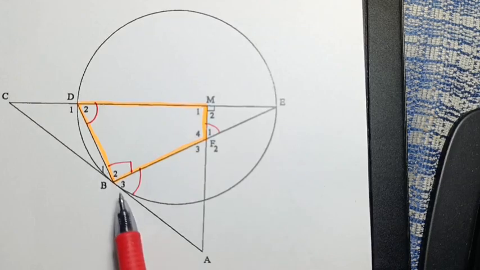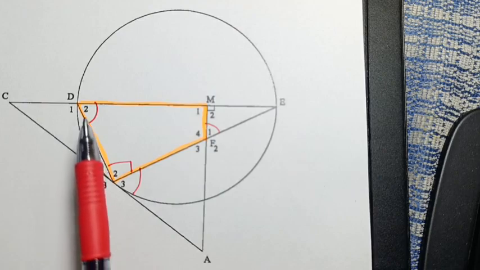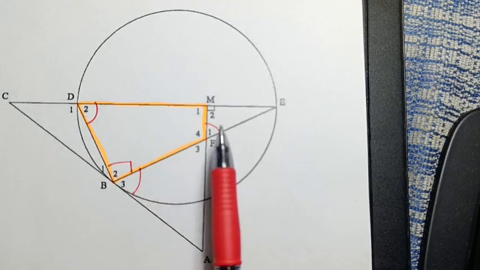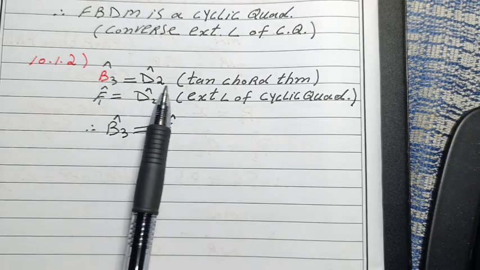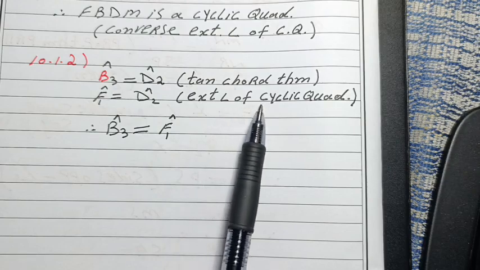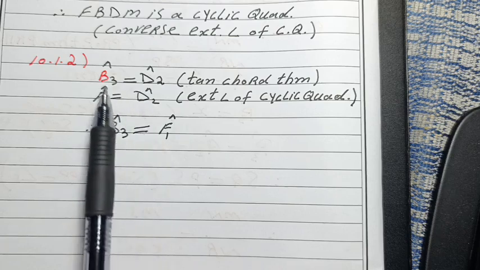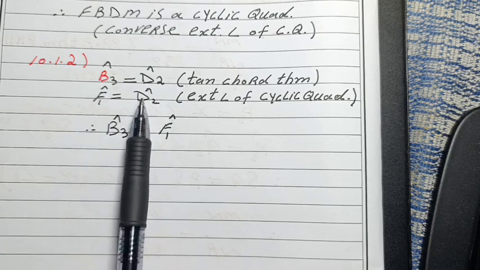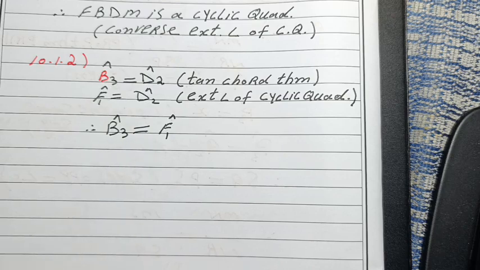Angle B3 is equal to angle D2, and angle D2 is equal to angle F1. Both are equal to the same thing. So angle B3 is equal to angle D2, tan chord theorem. Angle F1 is equal to angle D2, exterior angle of a cyclic quad. Therefore angle B3 is equal to angle F1 because both are equal to angle D2. So we proved angle B3 is equal to angle F1.